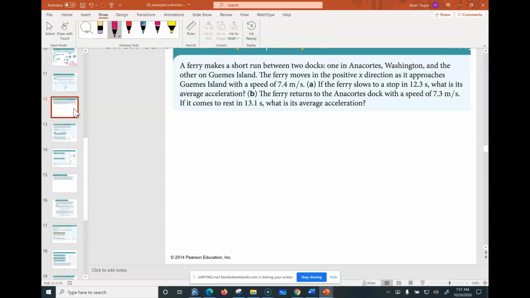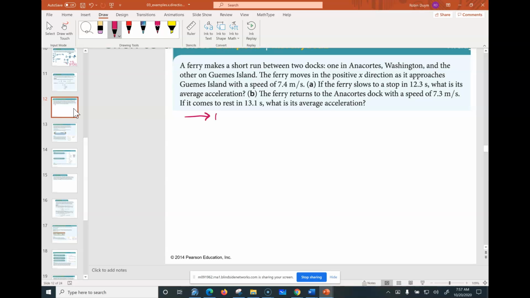We've got a ferry. It makes a short run between two docks. It moves in the positive x direction, and it slows down to a stop. For part A, what's the average acceleration? For this, I would just keep my positive x direction this way.